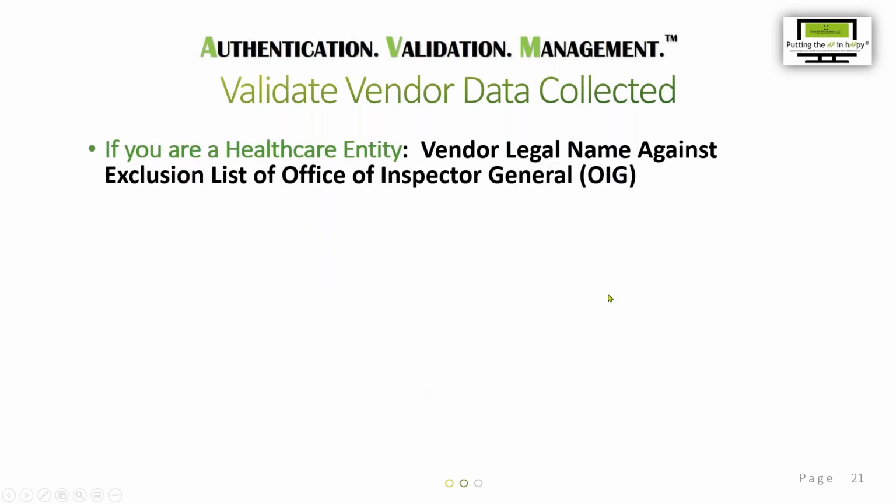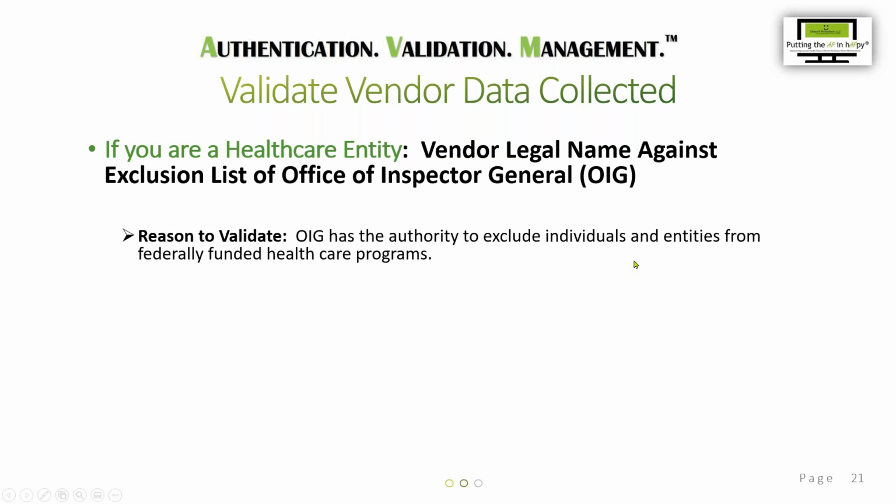Now, if you're a healthcare entity, you want to check that legal name against the exclusion list of the Office of Inspector General, or OIG. The reason you want to validate is the OIG has the authority to exclude individuals and entities from federally funded healthcare programs. The required document is the IRS W-8 in this case.